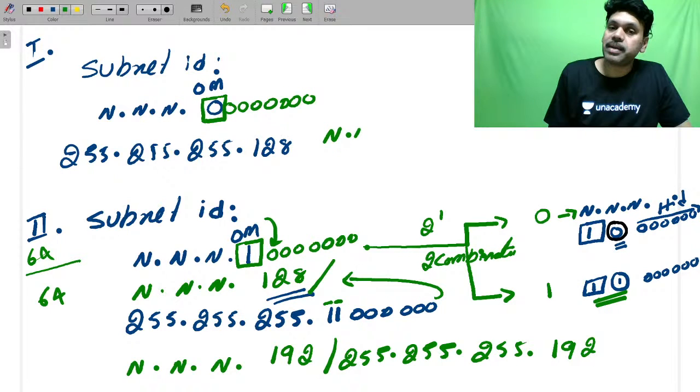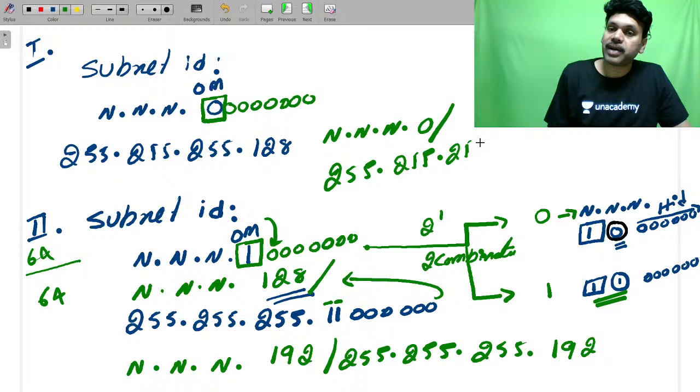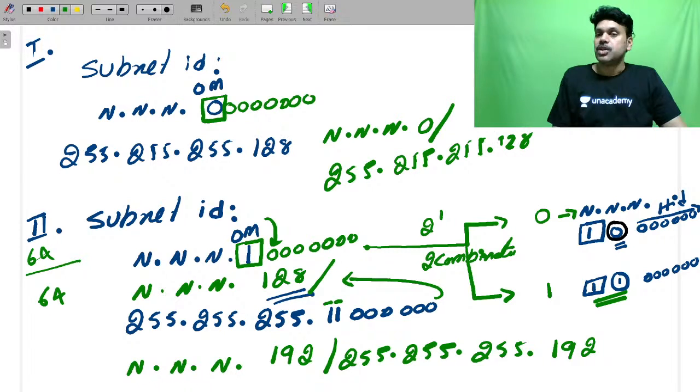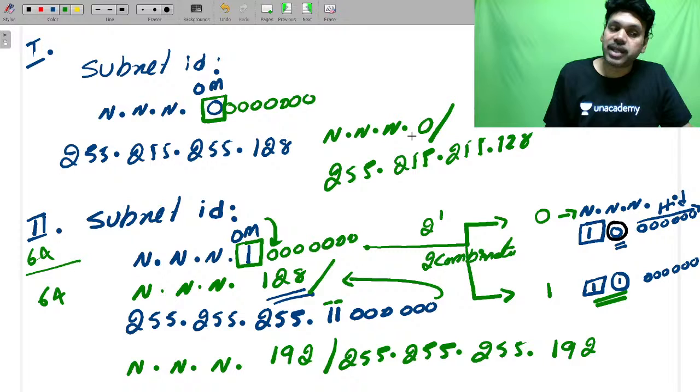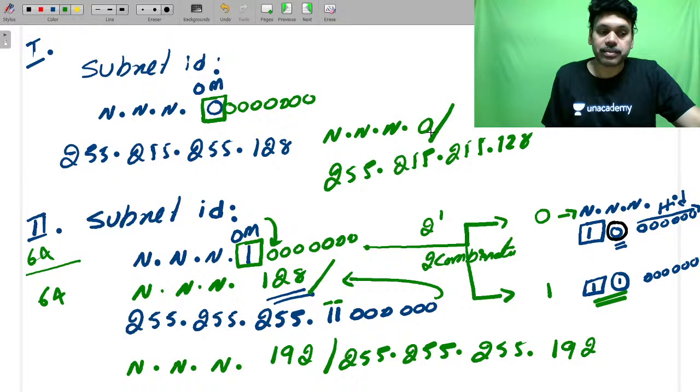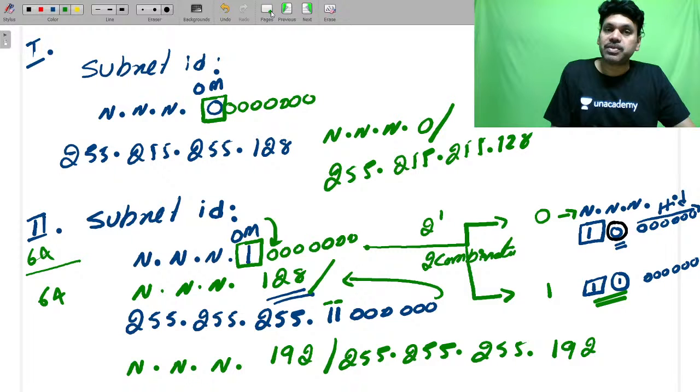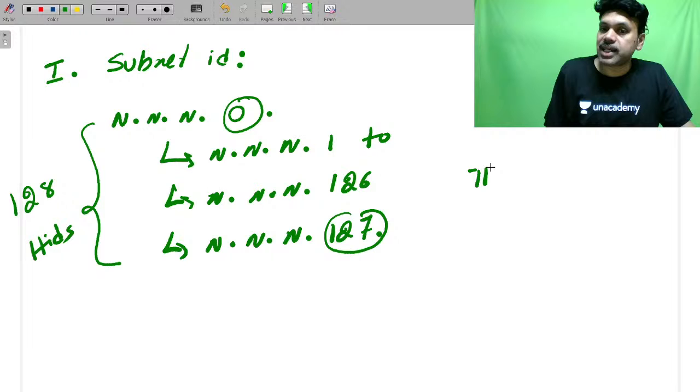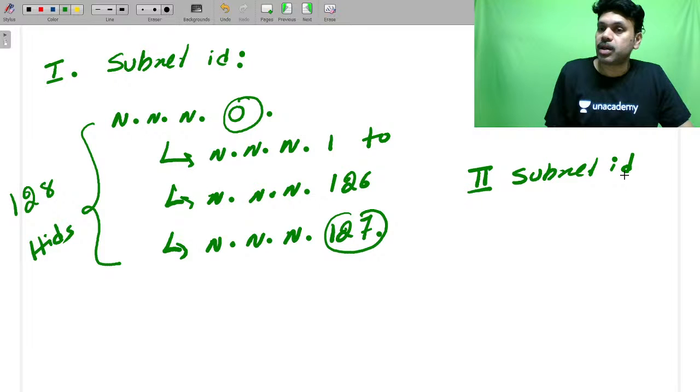What is the subnet ID? n dot n dot n dot 0, and your mask is 255.255.255.128. Okay. So what is the range of the IPs in the first and second subnet? The subnet group has 2 inside.